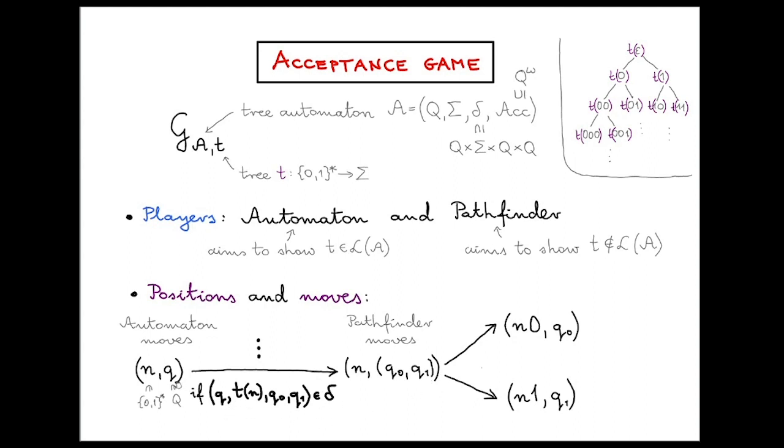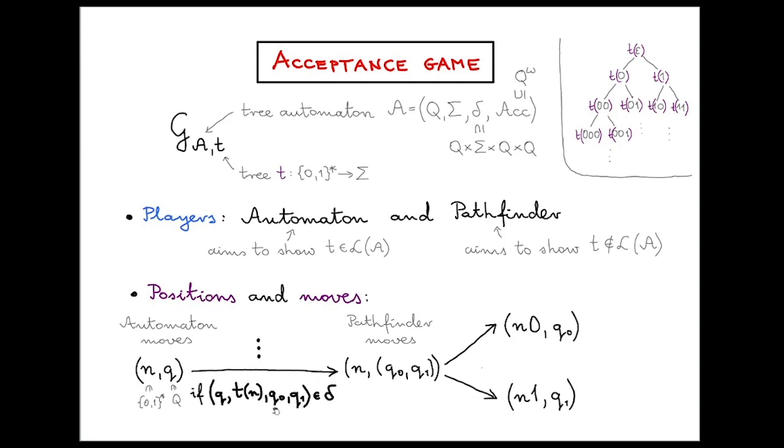So if the automaton is at the node n of the tree, so here we have an illustration of a tree, and the current state in the run that the automaton is trying to construct is q, then the automaton can pick out of all the possible transitions from state q, and upon reading letter t of n, which is exactly the label of node n, each of those transitions gives a pair of states.